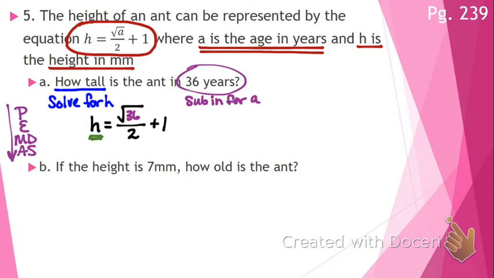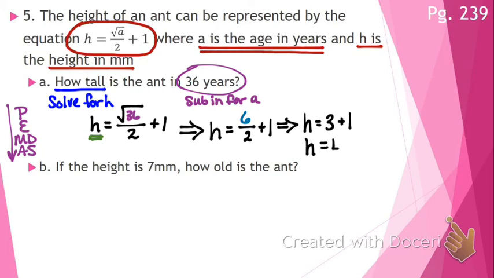I know the square root of 36 is 6. So I've got 6 up in my numerator there. 6 divided by 2 plus 1. Well, 6 divided by 2 is 3. So I have h equals 3 plus 1. 3 plus 1 is 4. So the height is 4 millimeters.